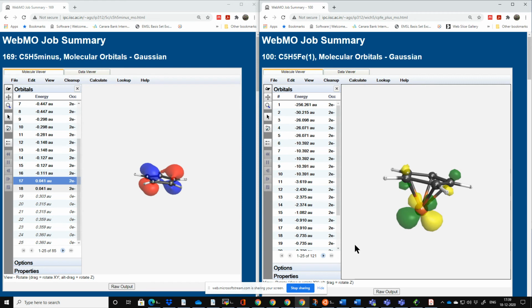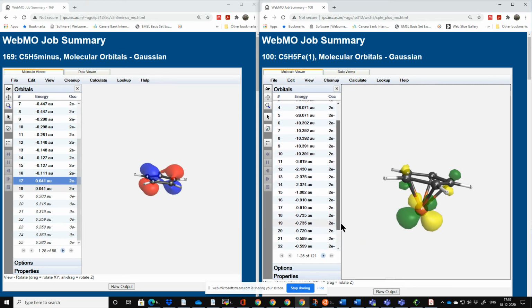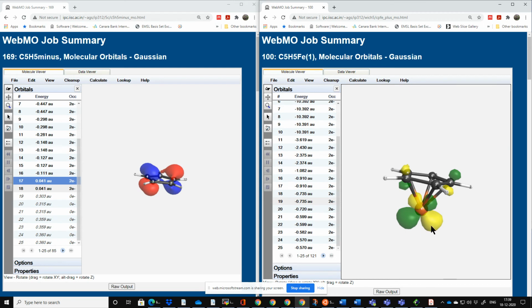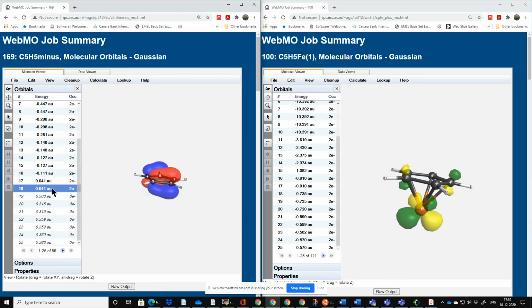And you can see that these two lobes have got opposite signs, and these two lobes also have opposite signs. And if you move it in this direction, now I need to check if some other orbital will fit in here.